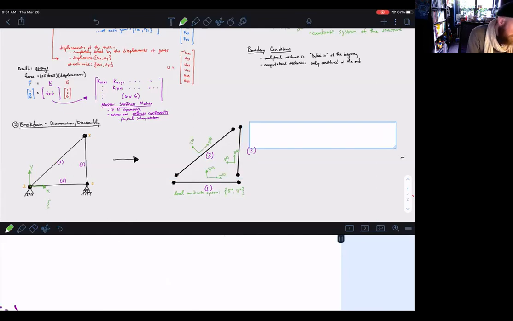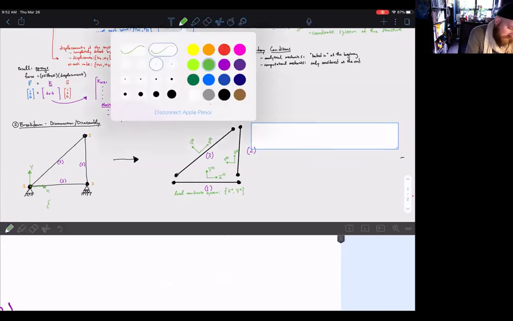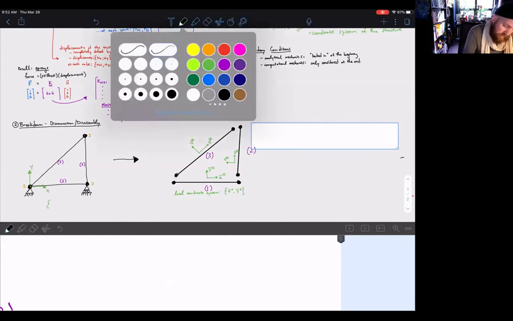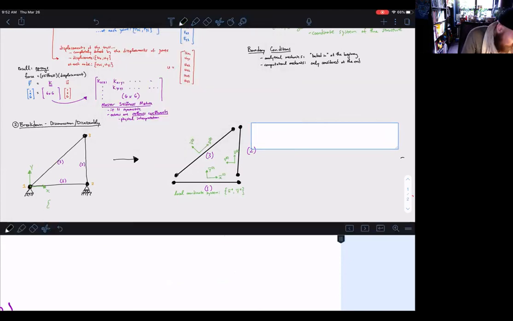Now again, we can think about how this individual element is going to respond to forces. And so we can take, for instance, element 1, or actually this doesn't really matter. This is just a generic element here.